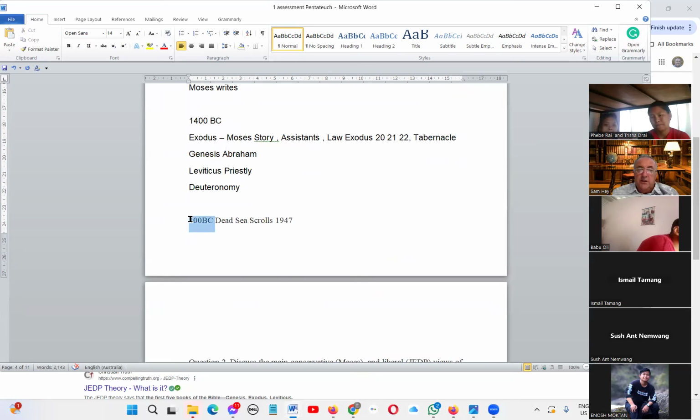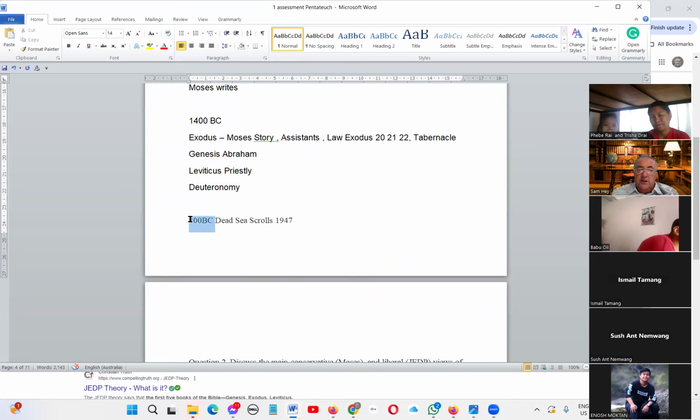And these are written in classical Hebrew language, which is different to the Hebrew language of Moses' time, which is very ancient Hebrew language. And so there's even some translation that's taken place and some addition.